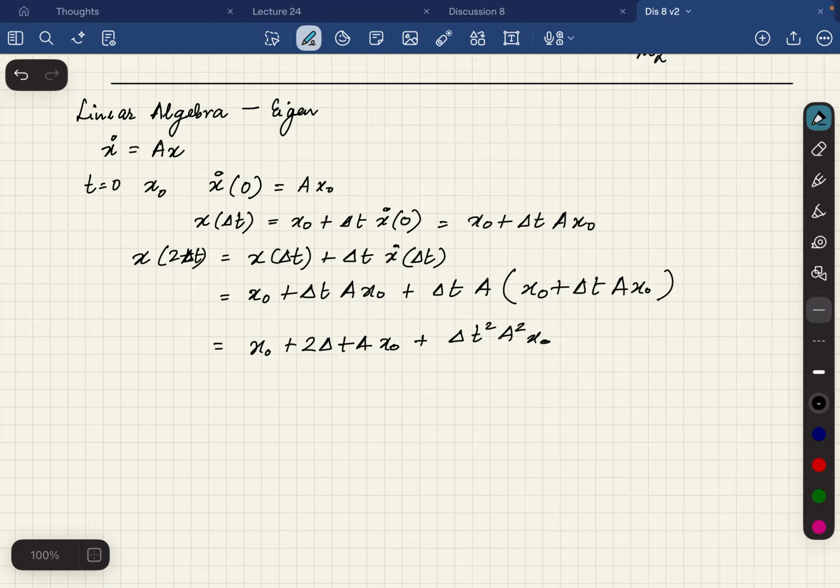And if I keep going on to further time steps, you can see that the power of A is going to keep rising. So as the system evolves in time, this system matrix A is acting on the state vector, and I get the updated value. I multiply it with the time step and update my state vector.